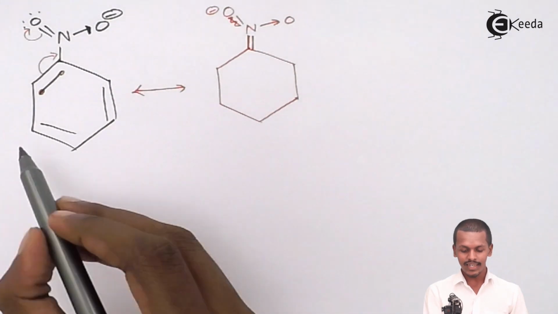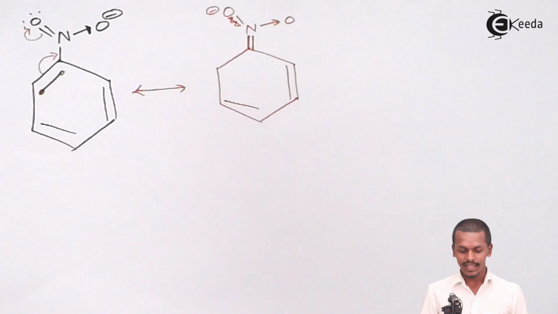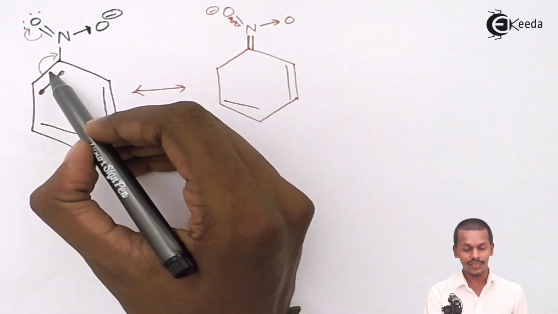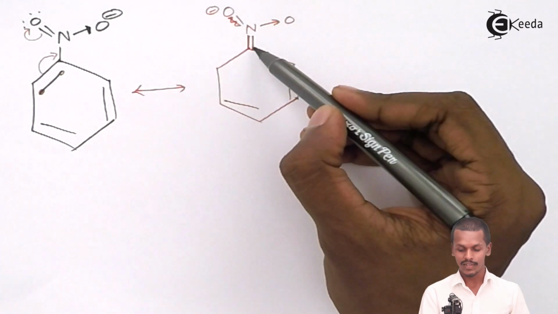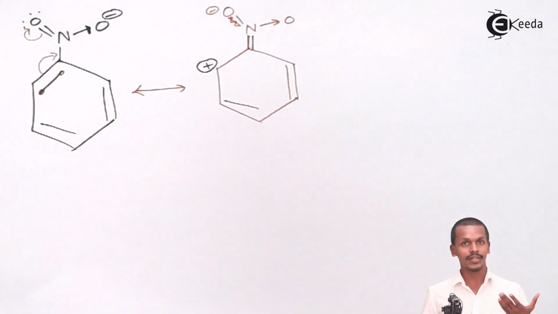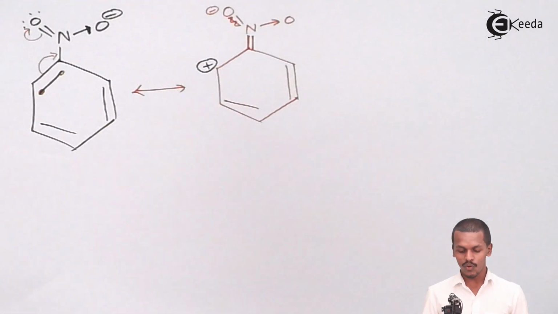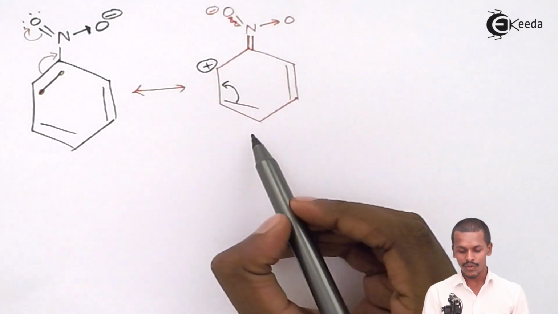Now we could see that this is the double bond that is already present over here. If this double bond is shifted so as to form a double bond between nitrogen and carbon over this carbon atom, then this will turn into a positively charged carbocation, as we could see. Now, to make this stable, the shifting of electrons would again take place in such a manner that we could see a positive charge.